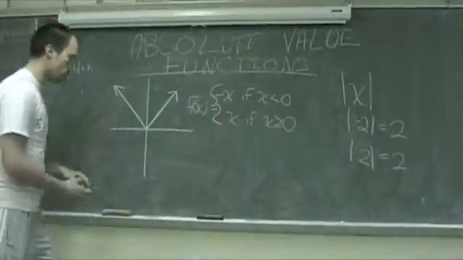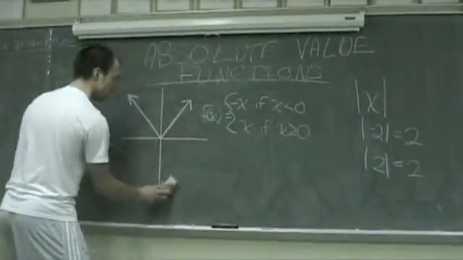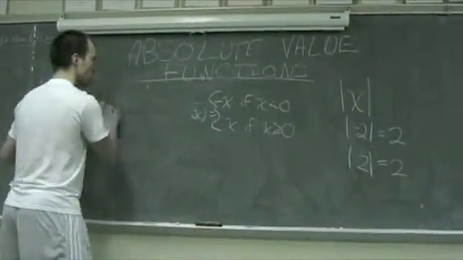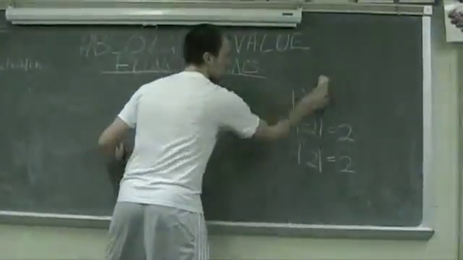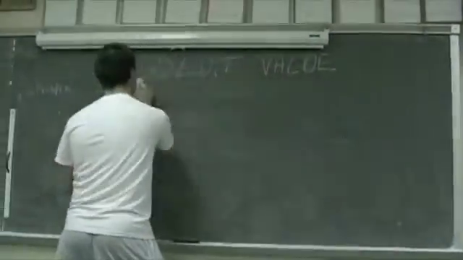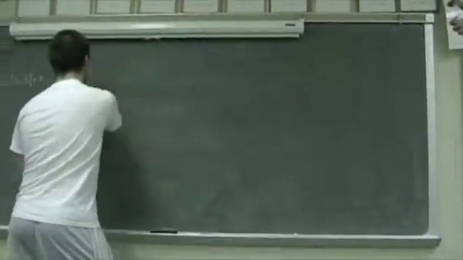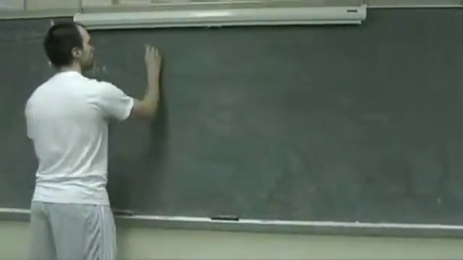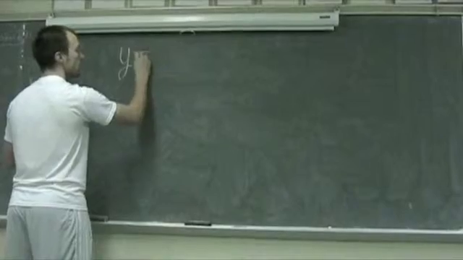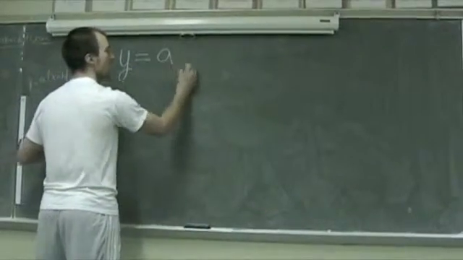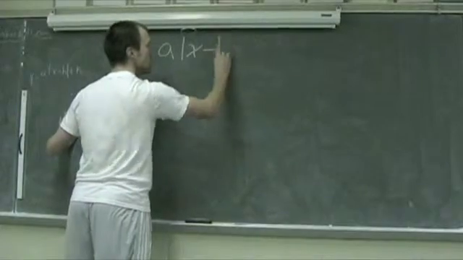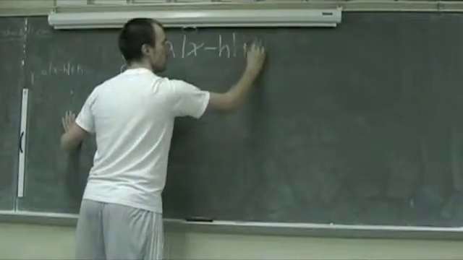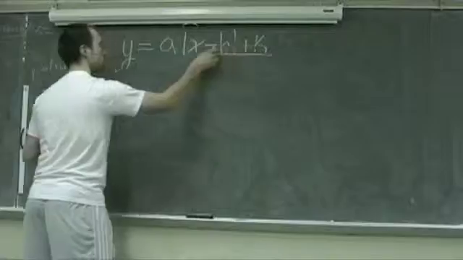Now, the equation that we use to make this graph, the y equals, is y is equal to a times the absolute value of x minus h plus k.